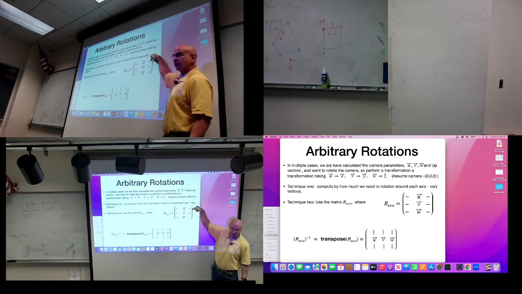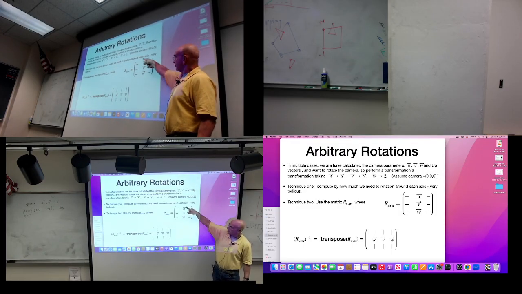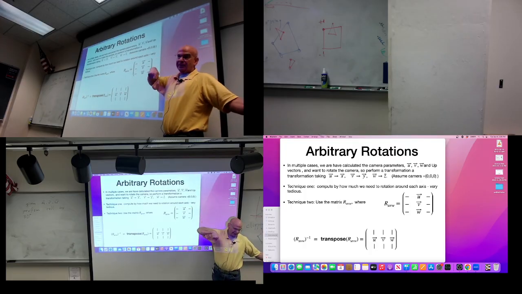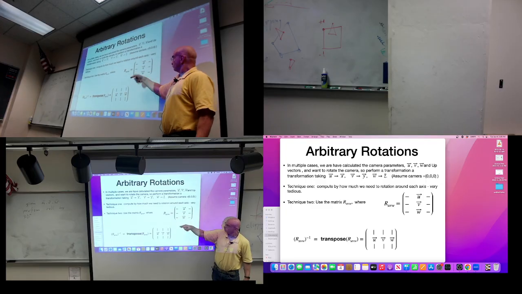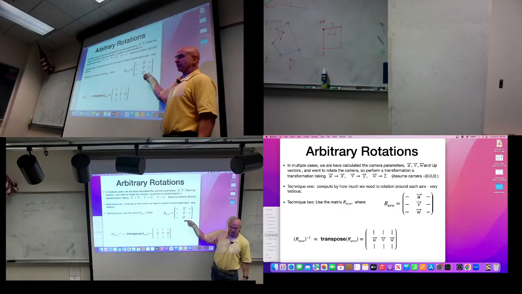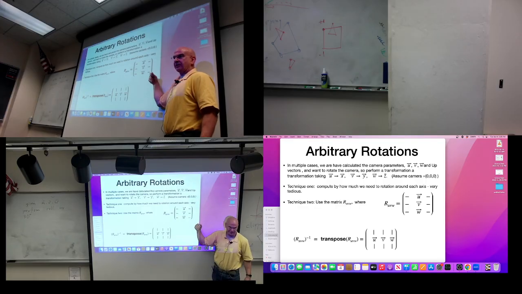U dot product U is 1, U orthogonal to V, U orthogonal to W. So this matrix takes U into X. It will take V into Y, right? Because V dot product this gives me 0, 1, 0. And it will take W into 0, 0, 1, into the Z direction.